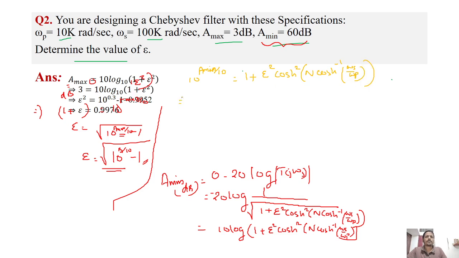Right? From here I can bring this 1 over, so minus 1. So this is gone. Okay, I'll just rub this.